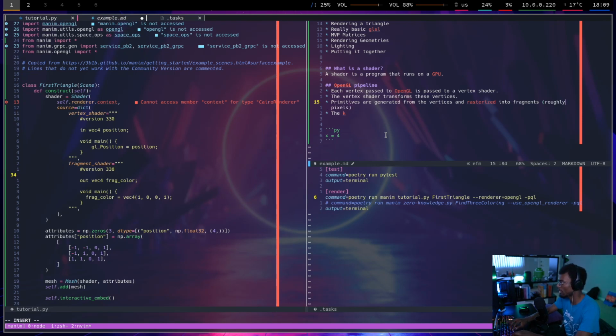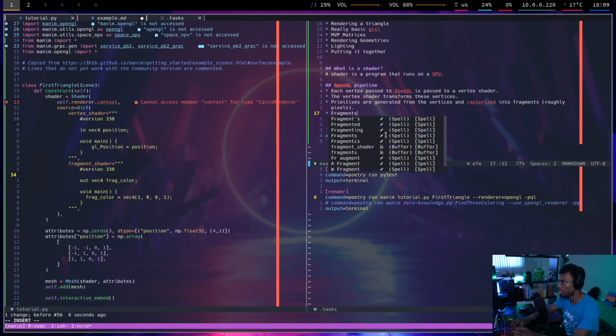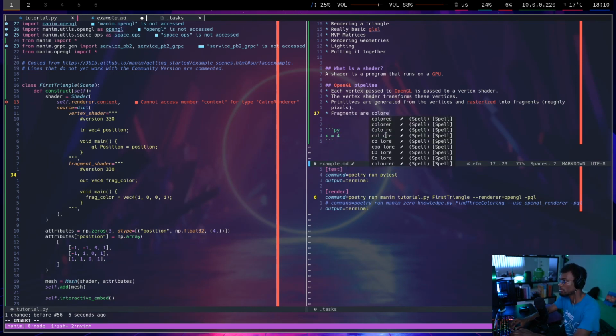Now I guess I can take out the periods. No, I'll leave in the periods. And rasterize into fragments. Fragments are colored by the fragment shader.